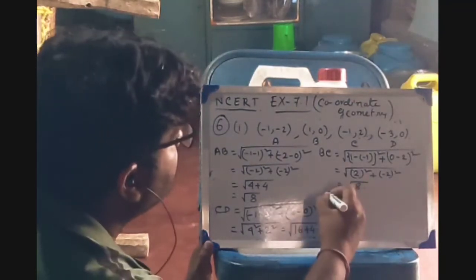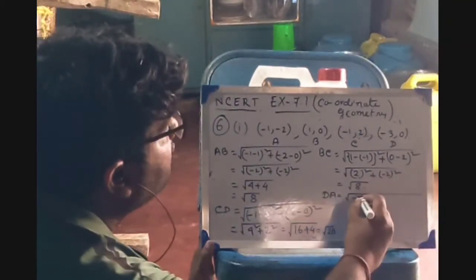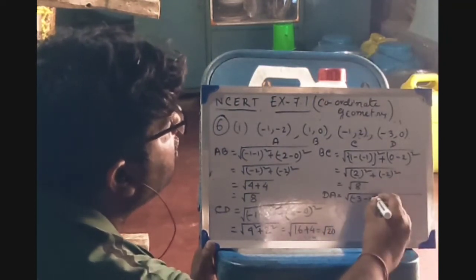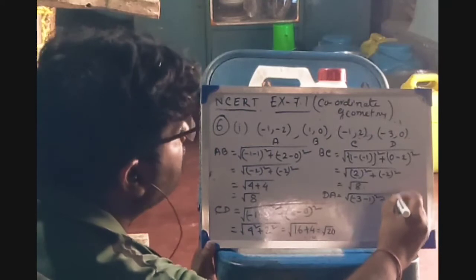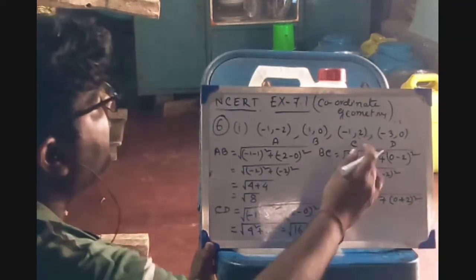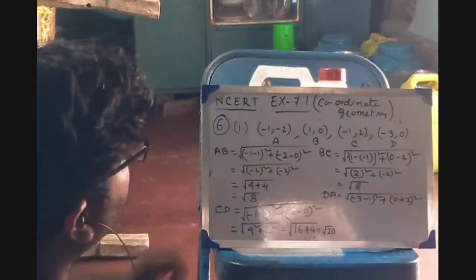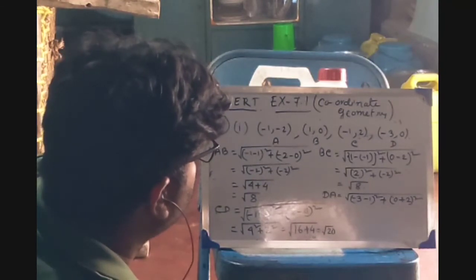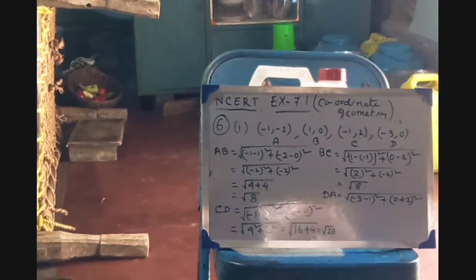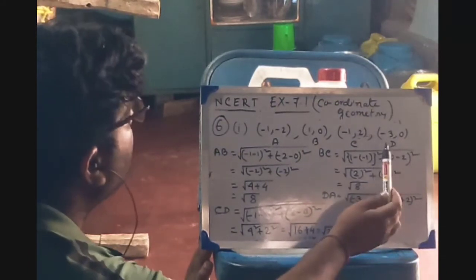Next DA. DA equals root under of (minus 3 minus 1) whole square plus (0 plus 2) whole square.